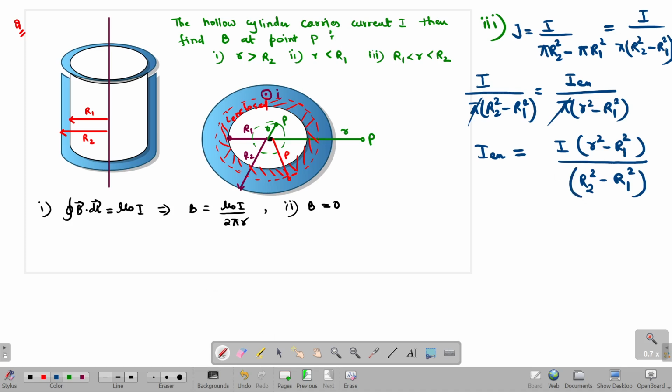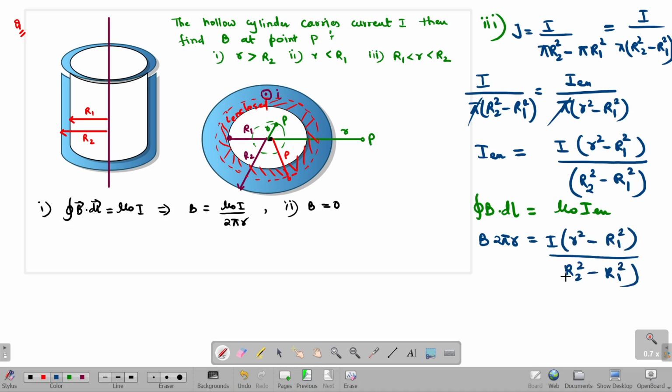Yes. So write the magnetic field equation now. Basically the integral of B dot dl for the enclosed region is mu naught I enclosed. So B into 2 pi r is equal to I times r square minus R1 square by R2 square minus R1 square.